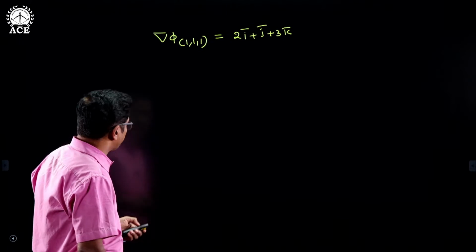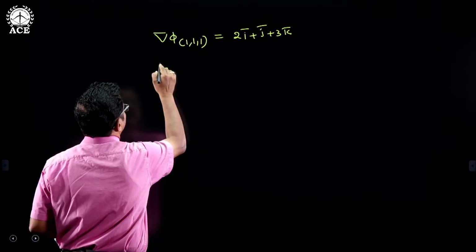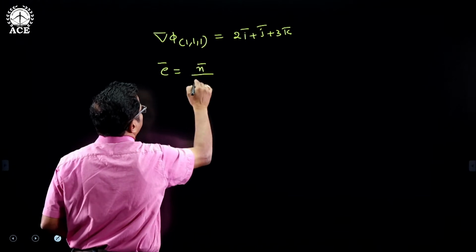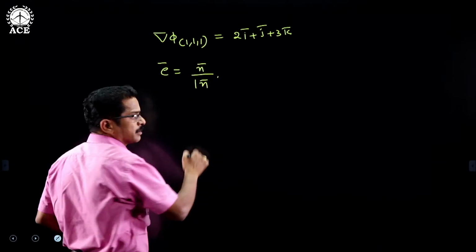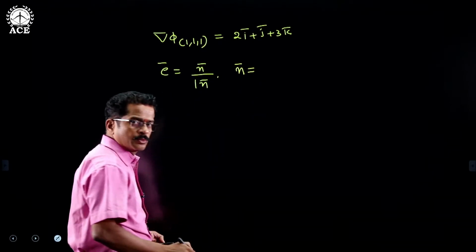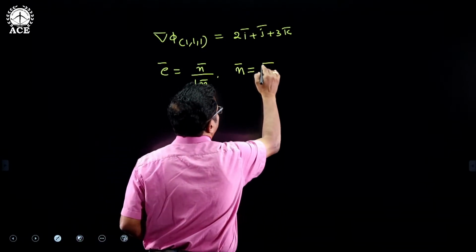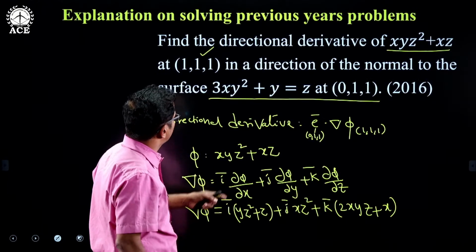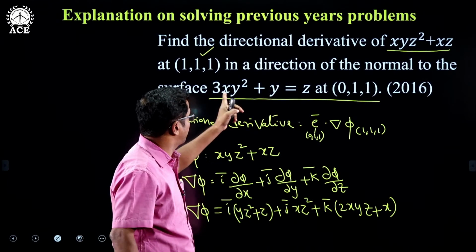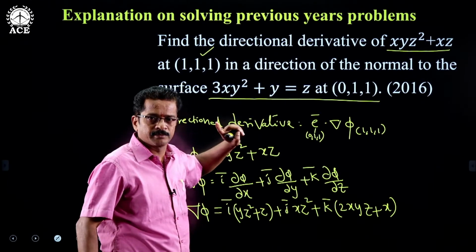Now E bar equals n bar by mod n bar, where n bar equals del of this function, 3xy square plus y minus z.